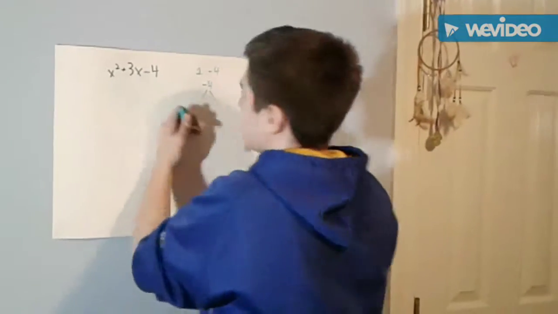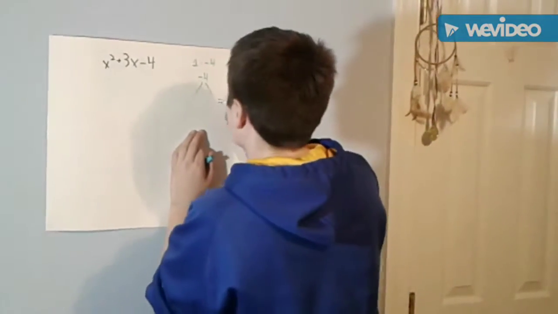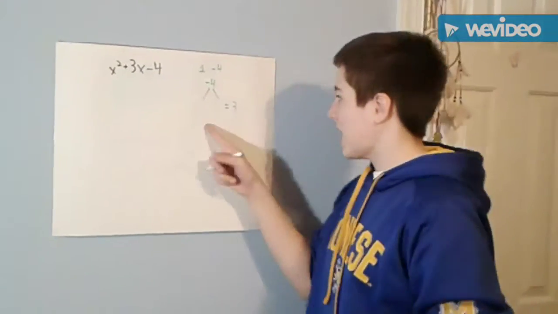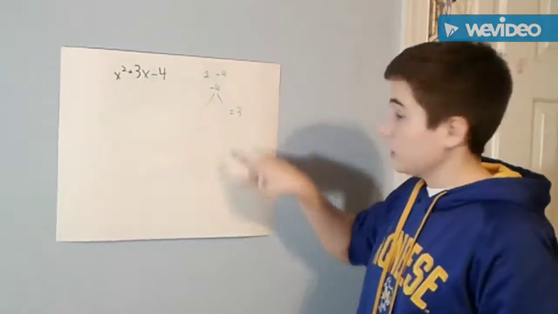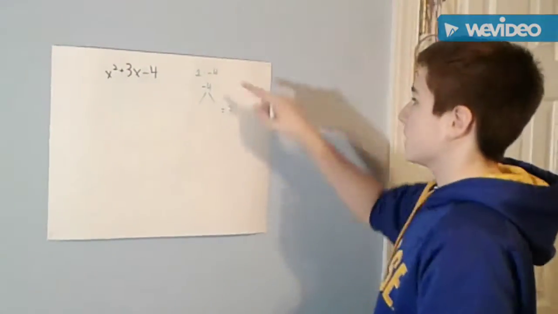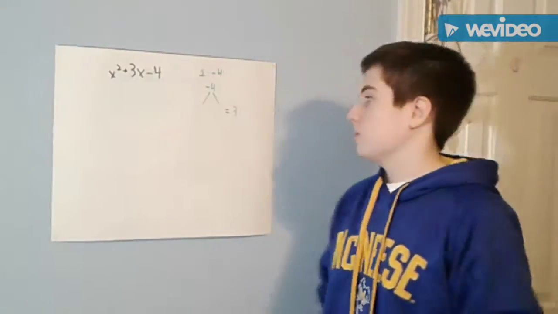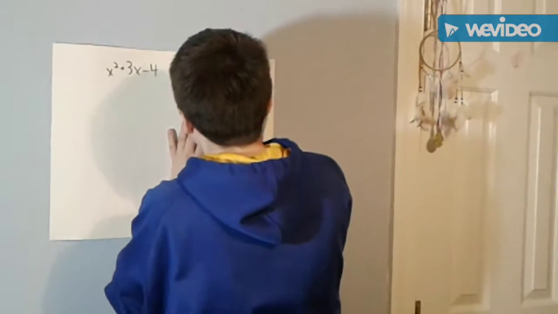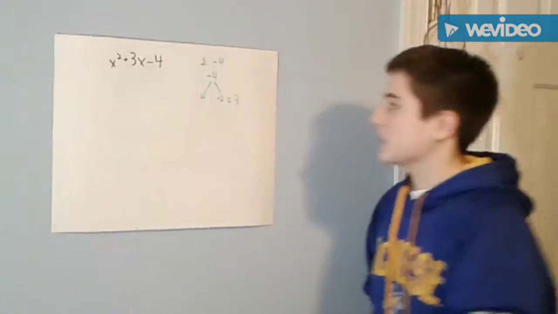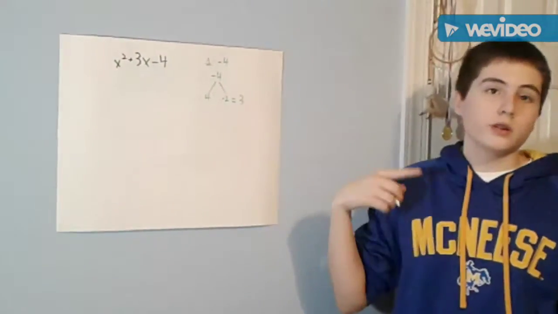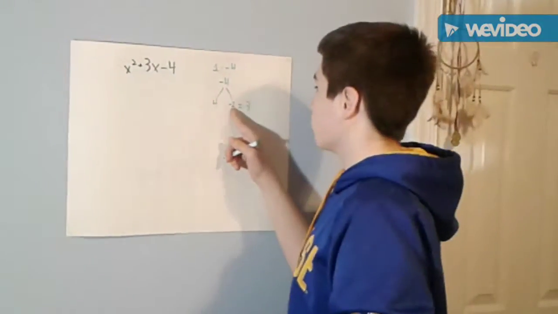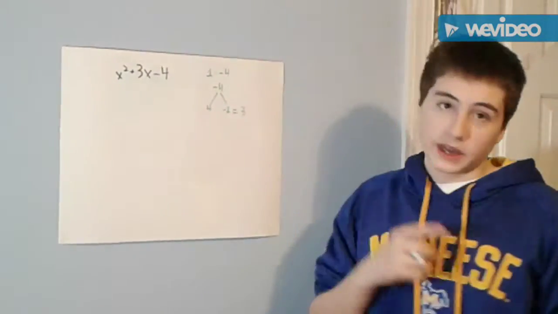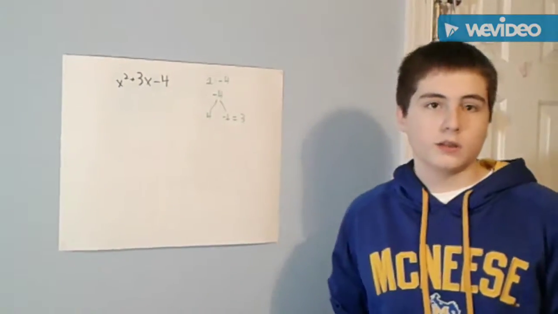After that, you're going to take your b, put it here, and now you're going to find out what adds up to 3, but when multiplied gives -4. In this case, it's going to be -1 and 4, because 4 minus 1 is 3, and 4 times -1 is -4.